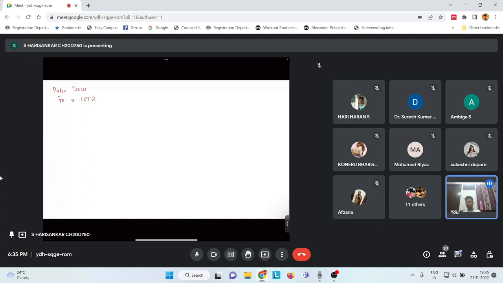So in a CSTR, with E on one axis and t on the other, the residence time distribution will be somewhat like this. The point at which it starts, at time t equal to 0, will be 1 by tau, where tau is your space time.